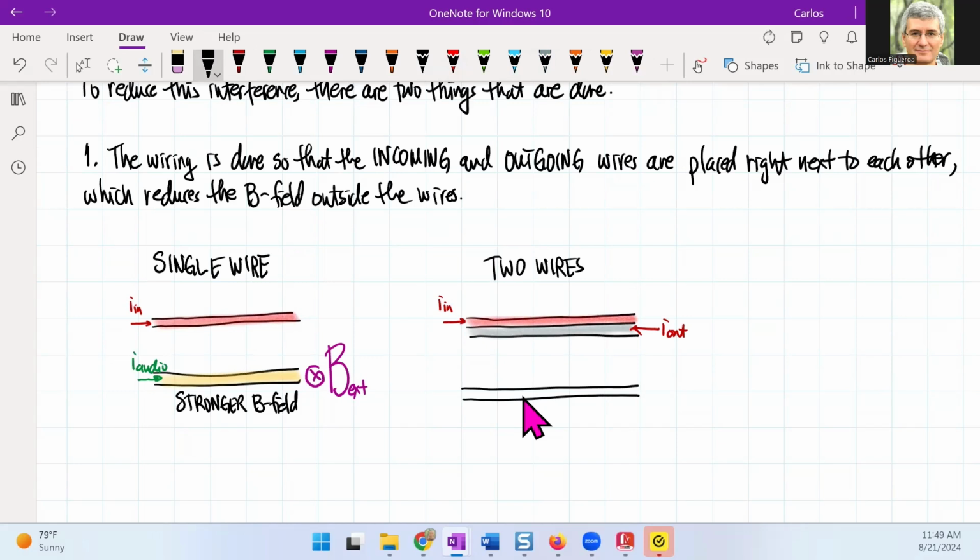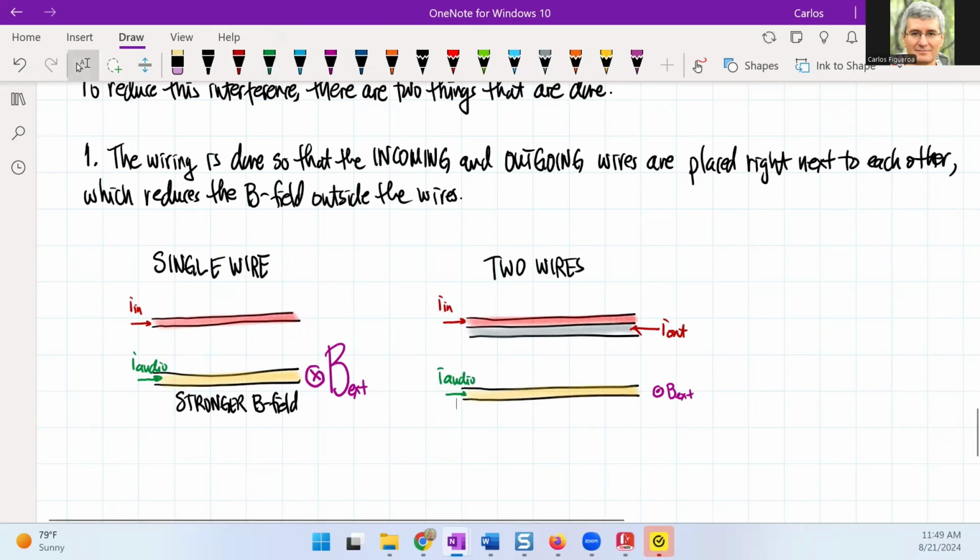So the field out here is going to produce a smaller external field acting on this. As a consequence, this audio current is distorted less. And that's just by putting them right next to each other.